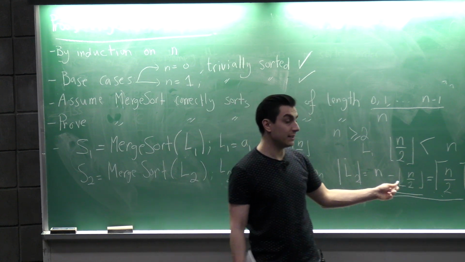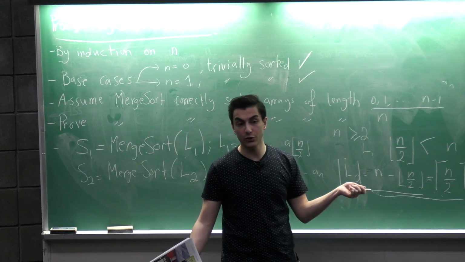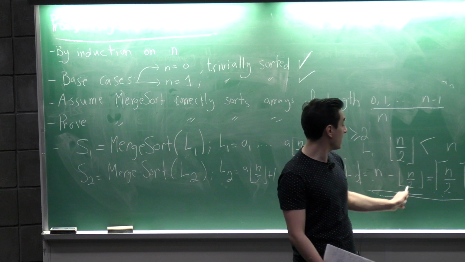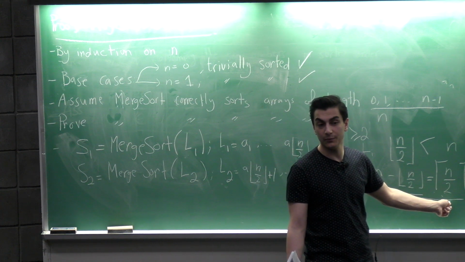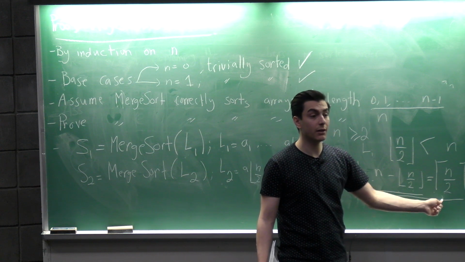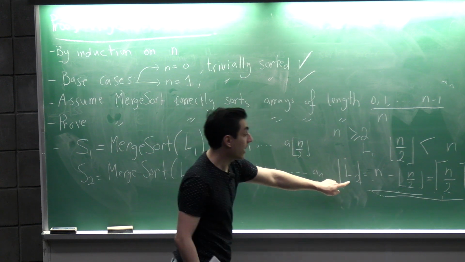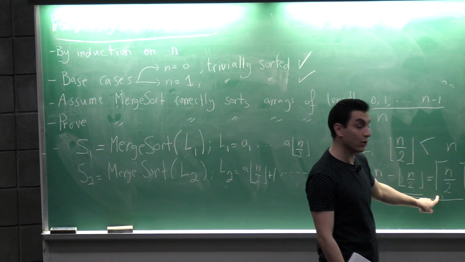Well, let's say that n is even. Then floor of n over 2 is just n over 2. And n minus n over 2 is going to be n over 2. If n is odd, one of them will round down, one of them will round up, and that's it. Right? So L2 will have length of ceiling of n over 2.